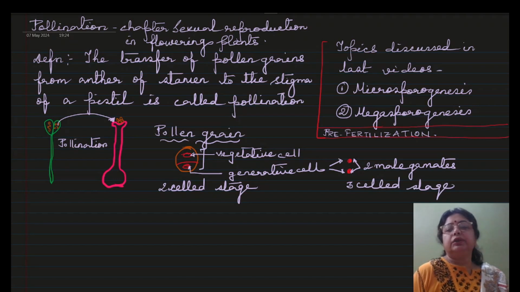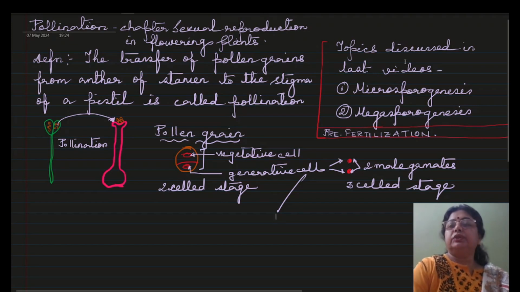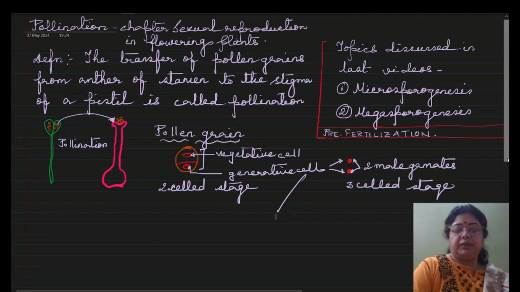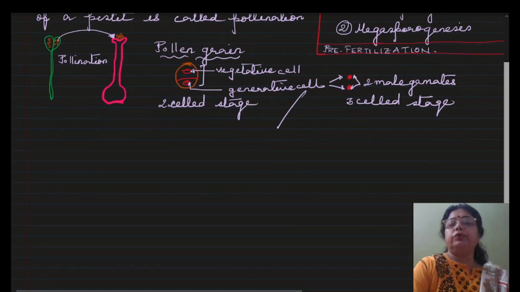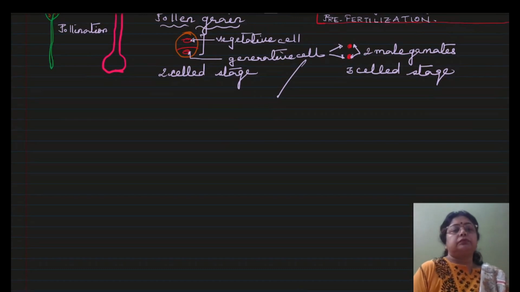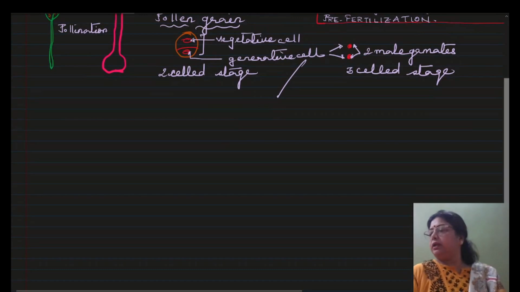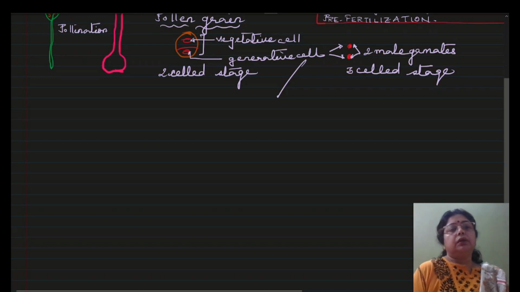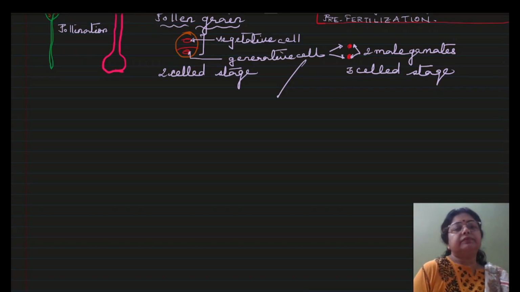So either at two cell stage or three cell stage the pollination occurs, maximum two cell stage. So this is one fact I made clear. Now we will go to the types of pollination.